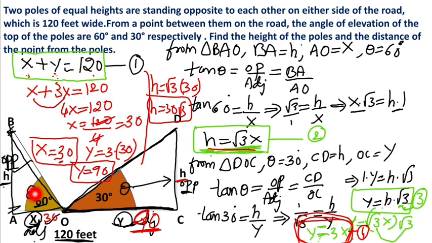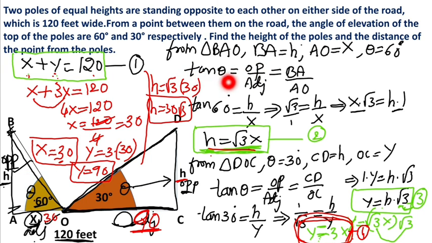So the first equation is x plus y is equal to 120, and after that there are two right angle triangles. One is BAO. Consider the triangle BAO, and here BA is equal to h, we are assuming, and AO is x, and theta is equal to 60 degrees. Based on the triangle BAO, BA becomes the opposite side and AO becomes the adjacent side. So the opposite adjacent related trigonometric ratio we have to consider.